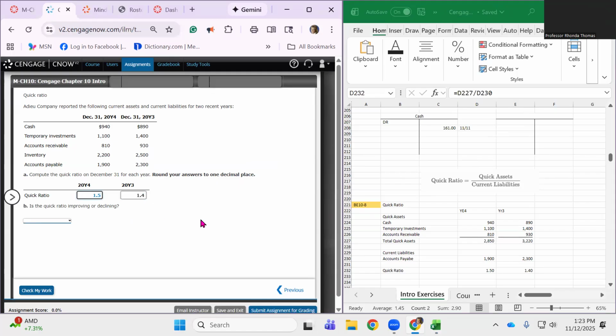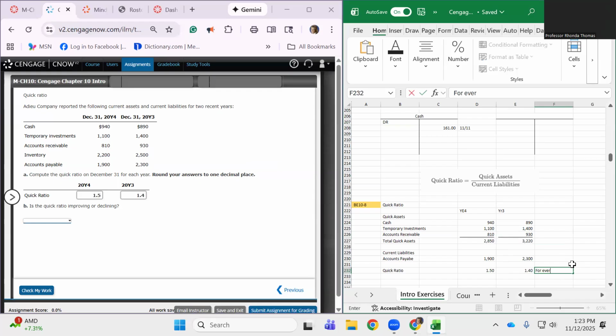You say, well, what's better? So the idea is this. What this is saying is, if this is our quick assets, and these are our liabilities, for every dollar of liabilities we have $1.40 of assets. So I'll put this down.